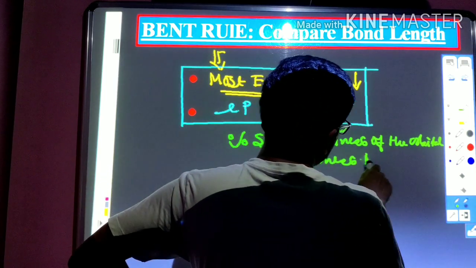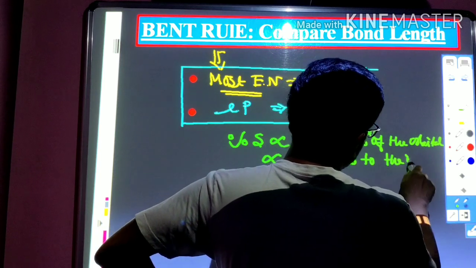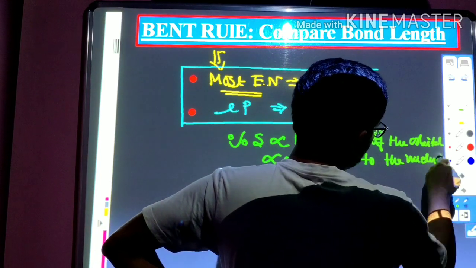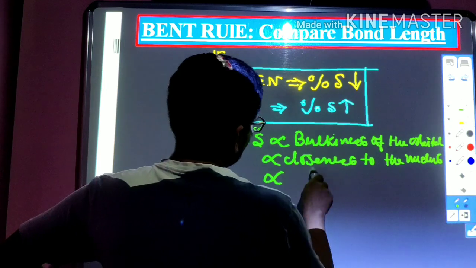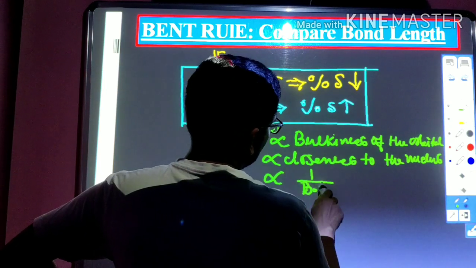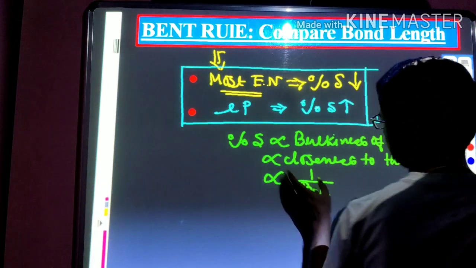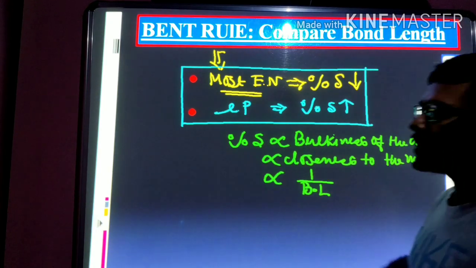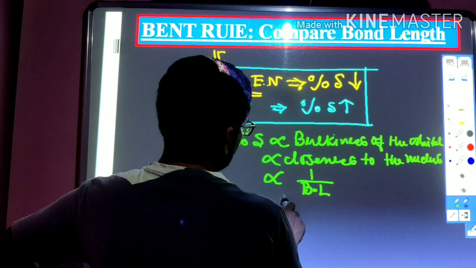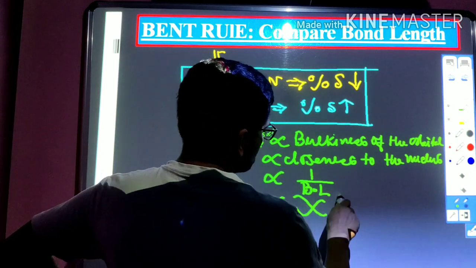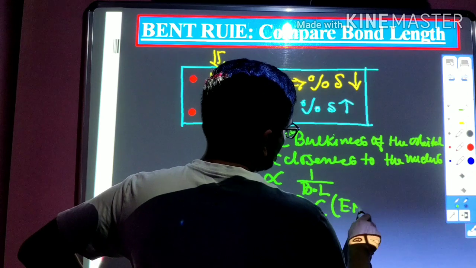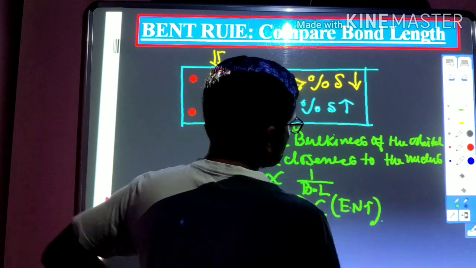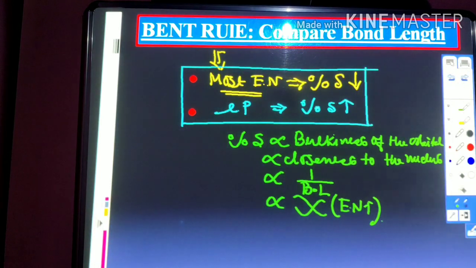It is inversely proportional to bond length, meaning as the percentage of s character increases, bond length decreases, and electronegativity also increases. Please remember all these things.